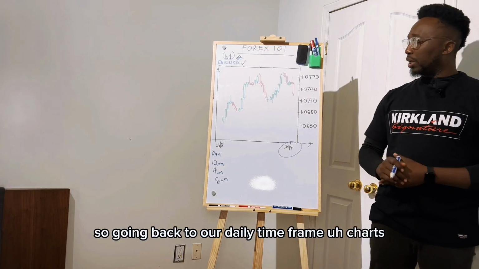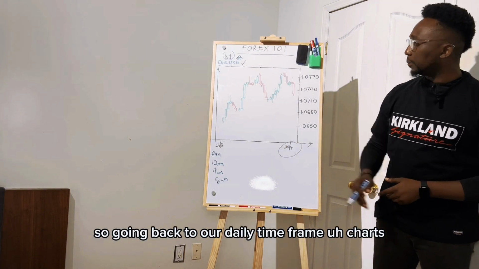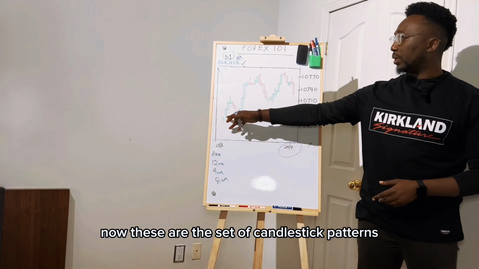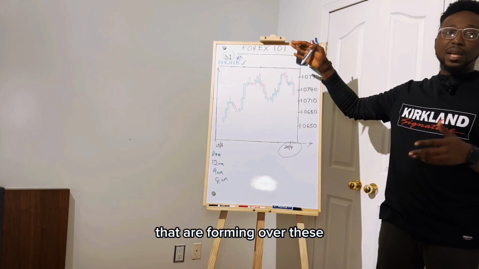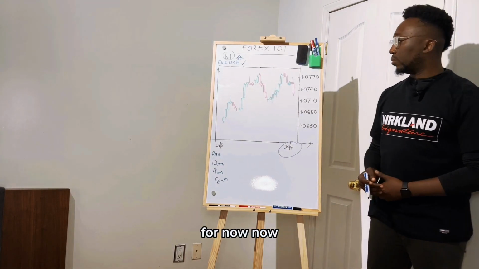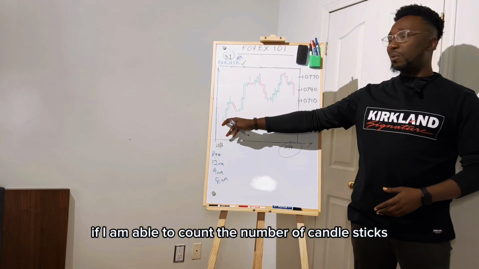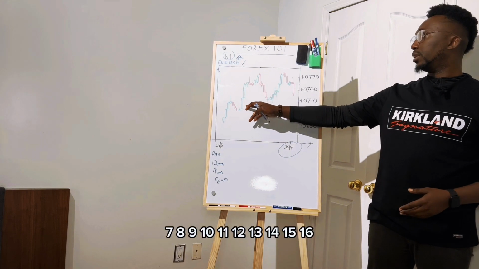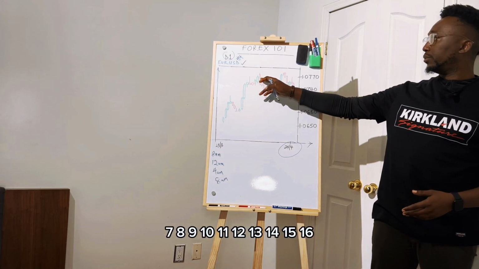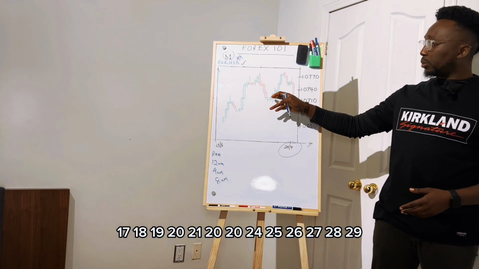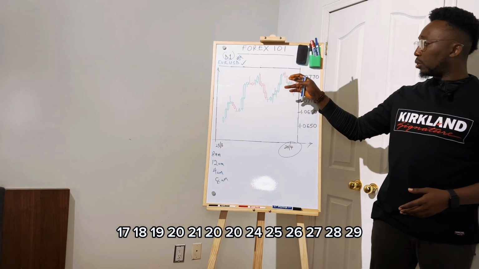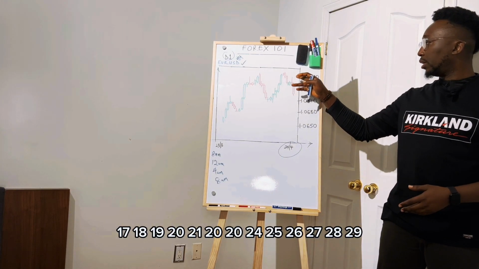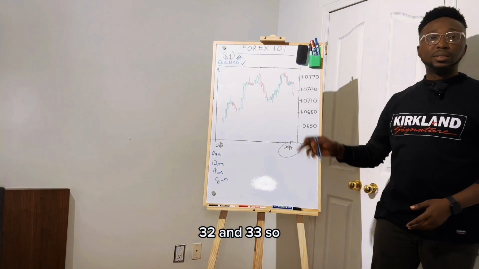So going back to our daily time frame chart. Now these are a set of candlestick patterns that have been forming over days. If I count the number of candlesticks we have here, 1, 2, 3, 4, 5, 6, 7, 8, 9, 10, up to 32 and 33.